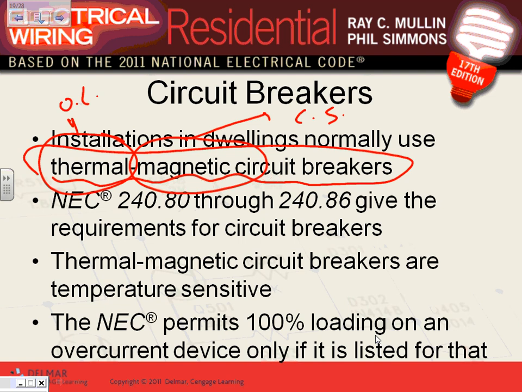Okay, we will talk about electronic circuit breakers later, so don't even open that can of worms. I want to remind you that circuit breakers are not rated for 100% overcapacity unless it's listed for 100%. So, for example, if I have a circuit breaker that's 100 amp, most likely, how much current can I pull out of this 100 amp? 80%, 80 amps.